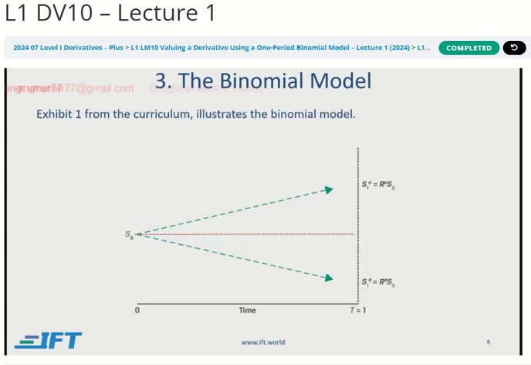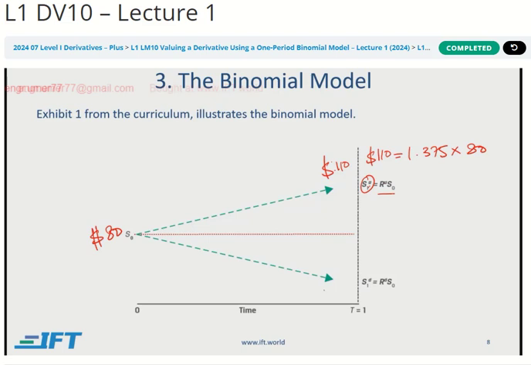And you can see this in Exhibit 1 in the curriculum. If you are starting off with a price of 80 and going to a price of 110, S up is 110, which can also be written as the up return, 1.375, multiplied by S0, which is 80. That is what this formula is showing.